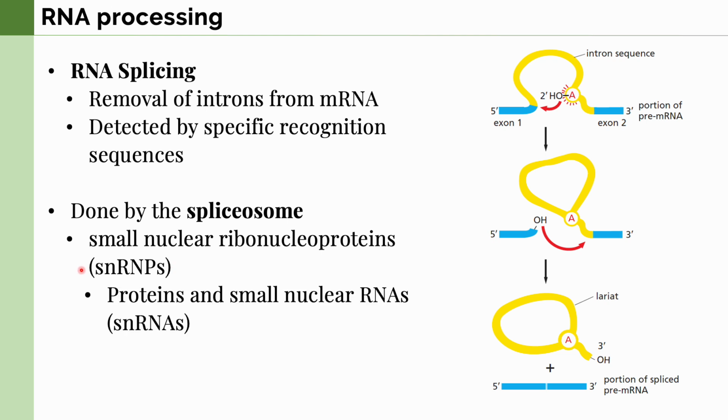These are composed of both proteins and small nuclear RNAs, or snRNAs, that can have catalytic activity. This figure demonstrates how RNA splicing occurs, and we can see that the intron is cut in what we call a lariat formation.